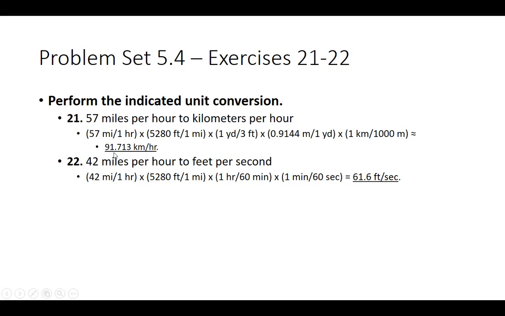And that's approximately 91.713 kilometers per hour. So hours stayed on the bottom, didn't get canceled away. We converted the top from miles to feet to yards to meters to kilometers.